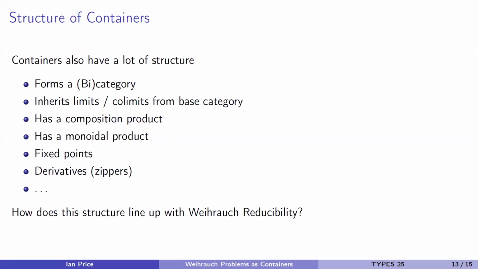There's this notion of a zipper. And for most of the past 6 to 8 months or so, I've been trying to figure out how all of this stuff matches up: what the people on the Weihrauch side know, what the people on the container side know, and seeing what's the same and what's different.